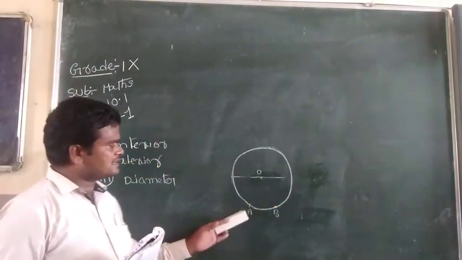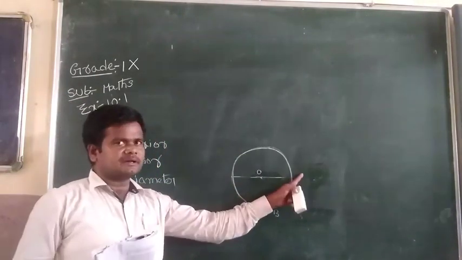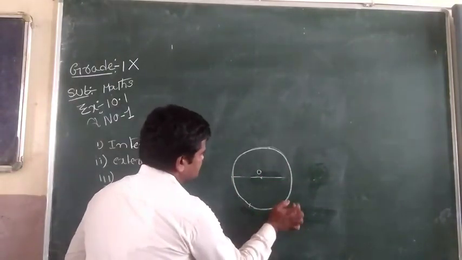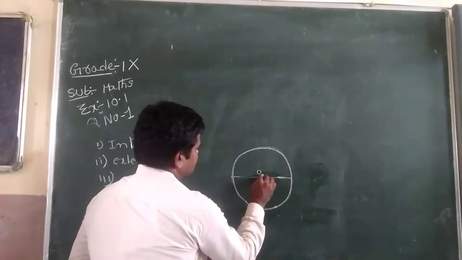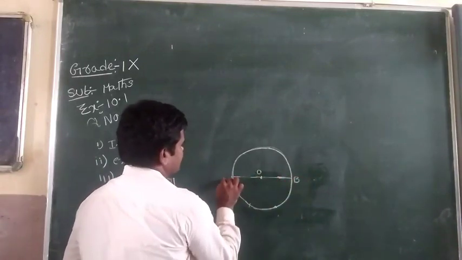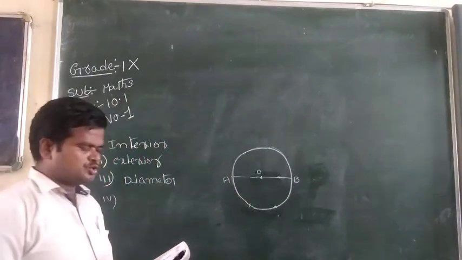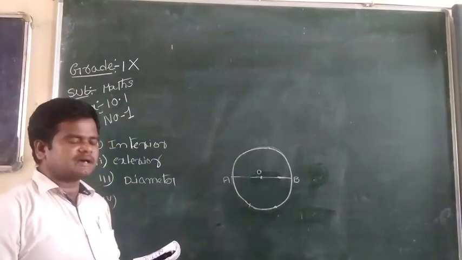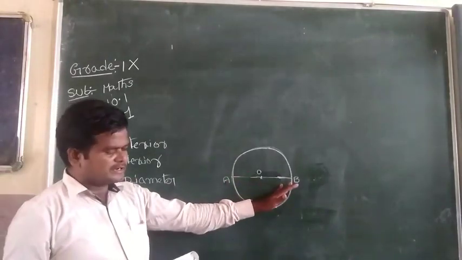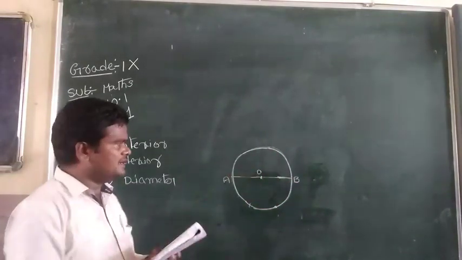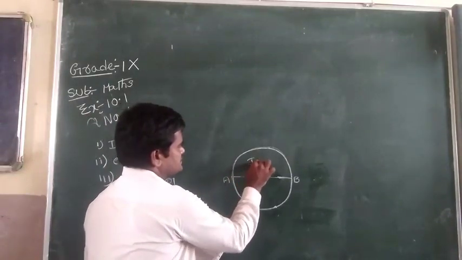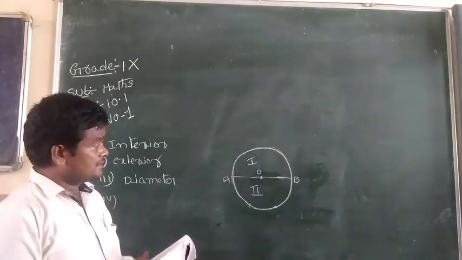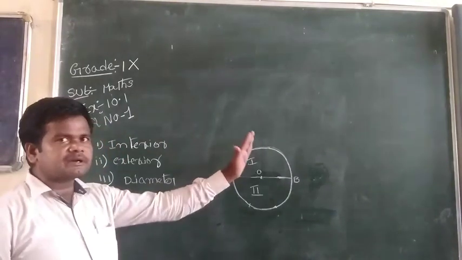These points A and B are the ends of the diameter. Then what can we say? This is one semicircle, and this is the other semicircle.